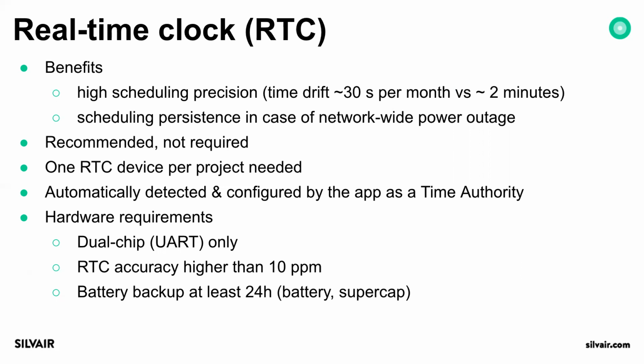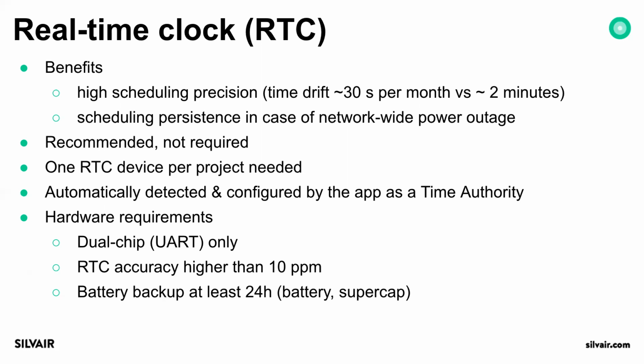The difference between projects with a real-time clock and without is that the time drift in the real-time clock would be around 30 seconds per month versus 2 minutes per month without the real-time clock.